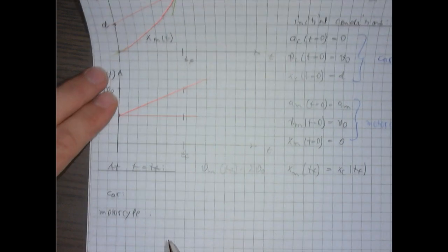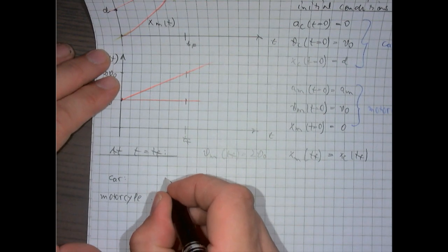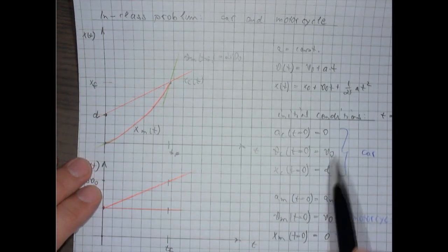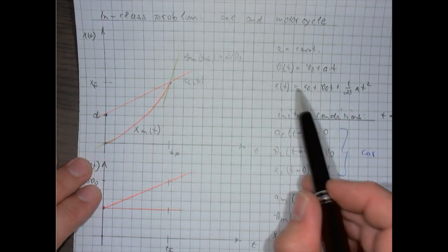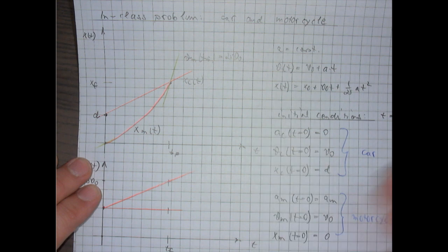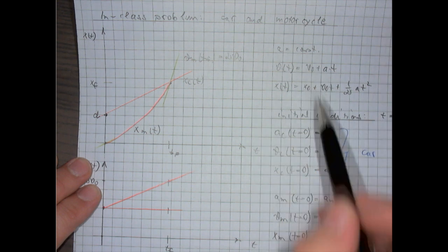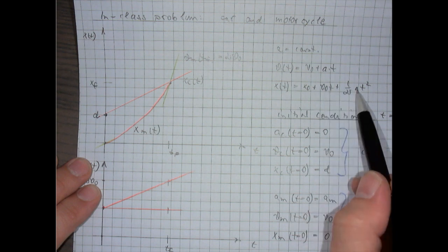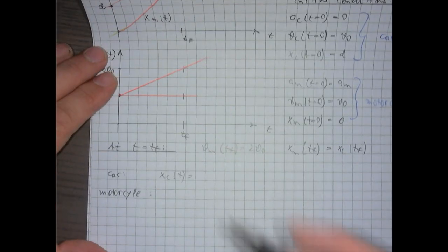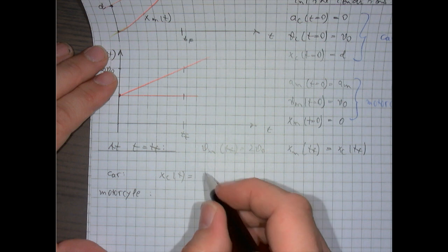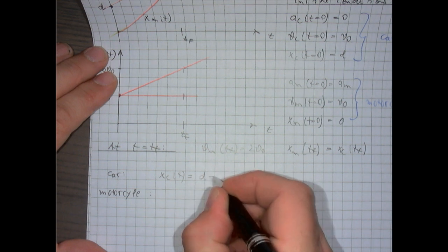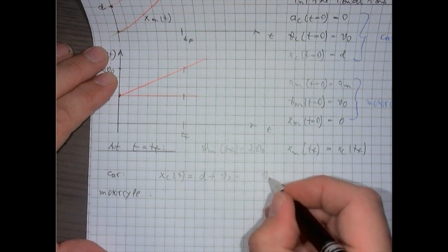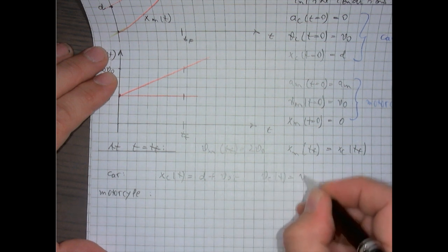So therefore, for the car, we can write down x car of t, and you literally insert these initial conditions into our constant acceleration model. So you replace x0 by d, v0, we use the same symbol v0, and a is 0. So therefore we have something rather simple. It's a function linear in time: d plus v0 times t. And the velocity of the car is simply v0.